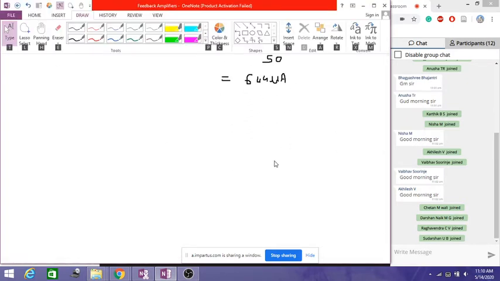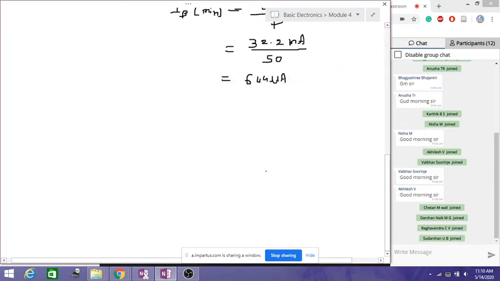Next, it is suggested to take double the value of IB minimum to make sure that the transistor remains in saturation. So we multiply this value by 2. 644 microamperes times 2 results in 1288 microamperes. We can also call this 1.2 milliamperes.